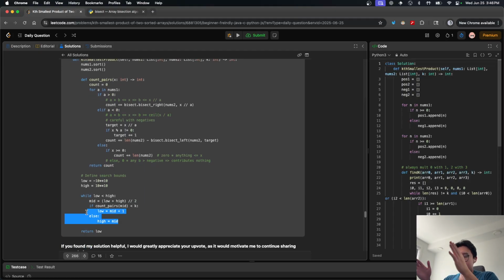But if we have less pairs, wait, if count pairs mid is greater than k, then we have too many pairs. So right is going to be mid.